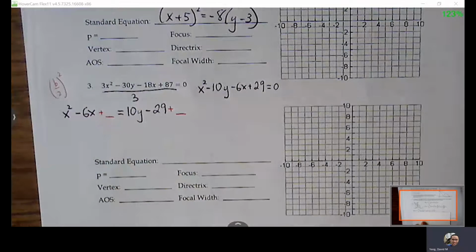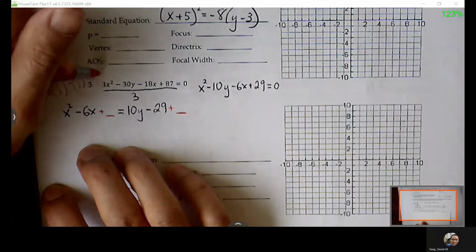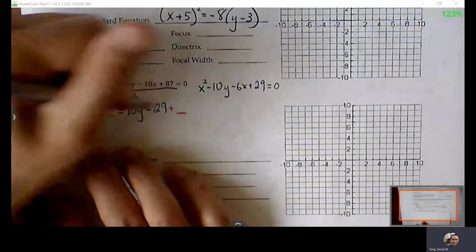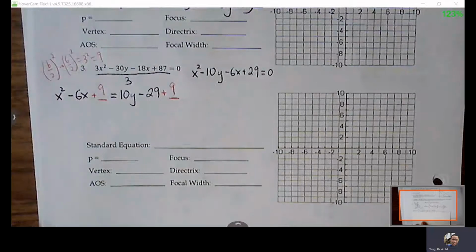Find your b value, insert into the b over 2 squared. What's the b value? Yeah. Okay, factor the left side, combine like terms on the right, and then GCF on the right.